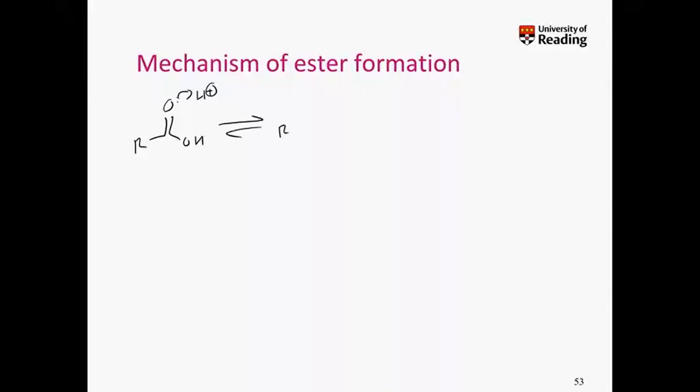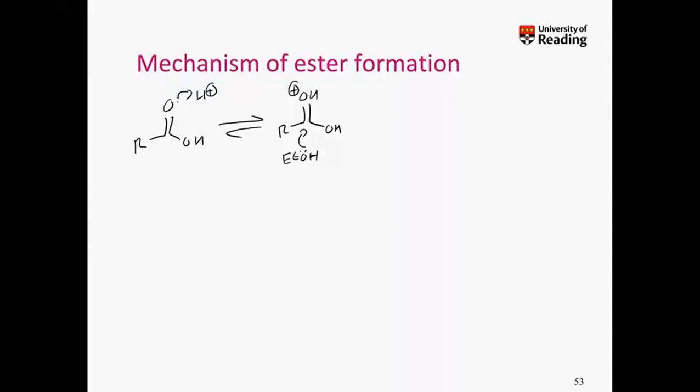What that ultimately gives us is our activated carbonyl compound. We can then take our alcohol, in this case ethanol as an example, but it can be any alcohol, and we use the lone pair of electrons from the oxygen to do our nucleophilic attack.